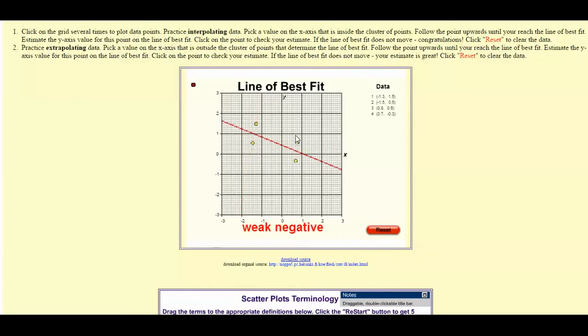Strong negative. I'll add in some dots down here. So now it's becoming more of a weak negative because the dots are moving out further from the line. So the strength of a positive or a negative correlation depends on how far the dots are from the line.